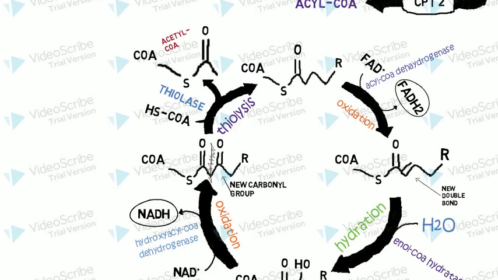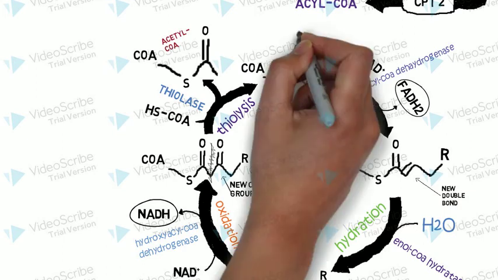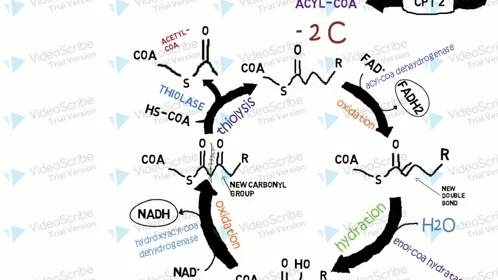Now just put a reminder up here that every time the molecule goes around the circle, it has 2 fewer carbons. The molecule will keep going around the circle until there are no more carbons left.